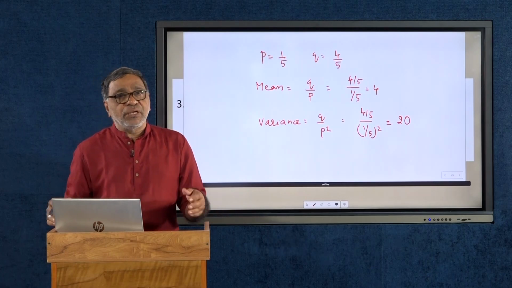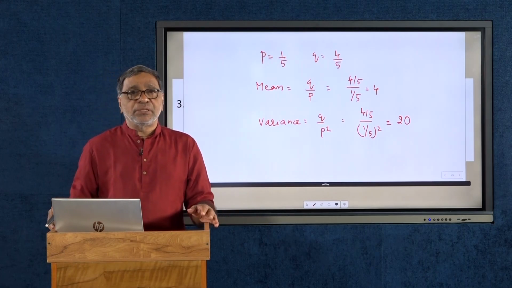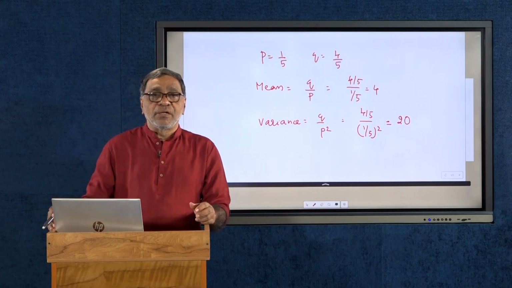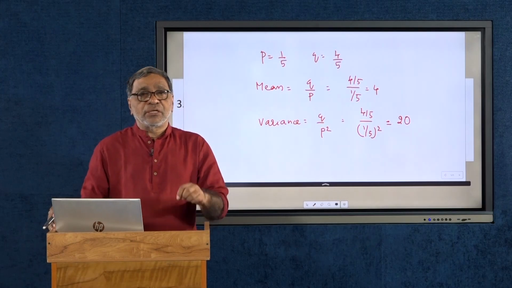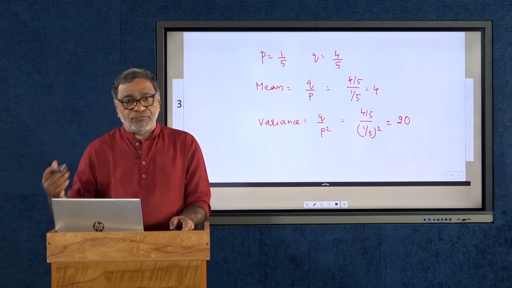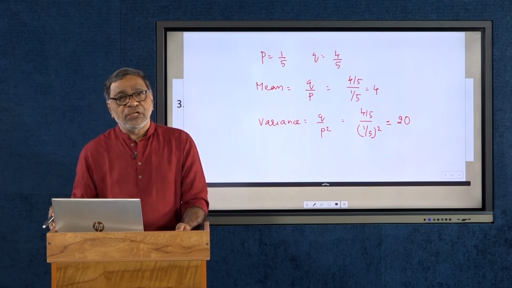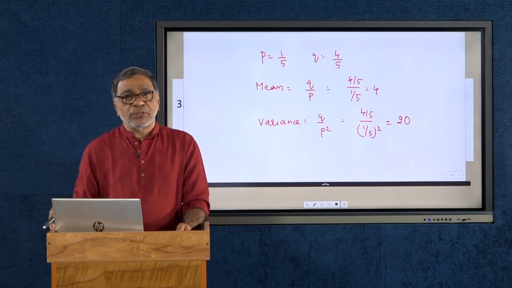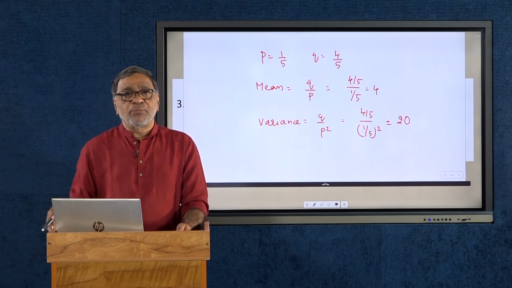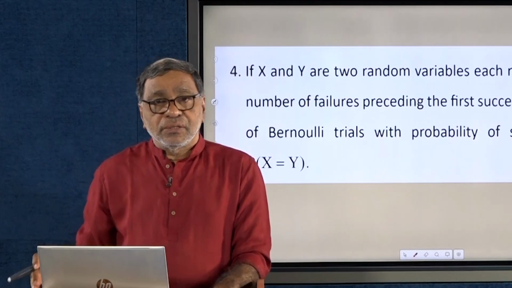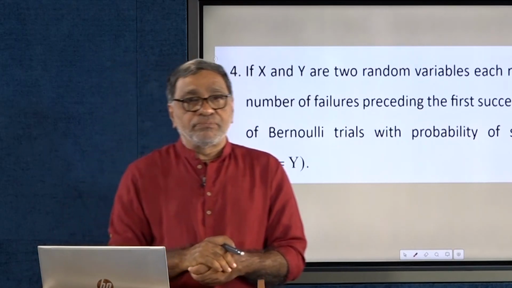If we obtain the value of p, then you can find any quantities related to that distribution. If the question is about the mean, you can find the mean. If the question is about the variance, you can find the variance, and other probability values. And this is another problem.